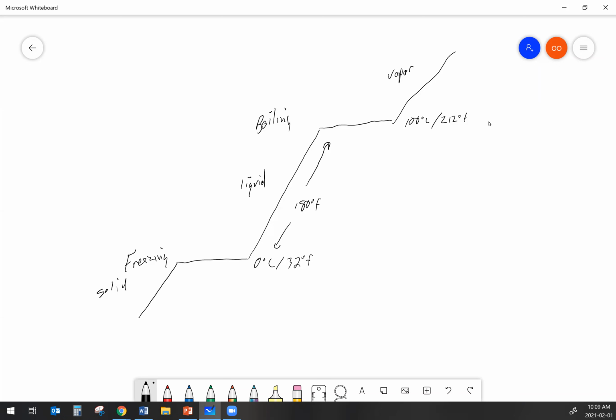The reason I'm using Fahrenheit in this explanation is because heat energy is measured in BTUs. And a BTU is the amount of heat energy necessary to change 1 pound of water 1 degree Fahrenheit.